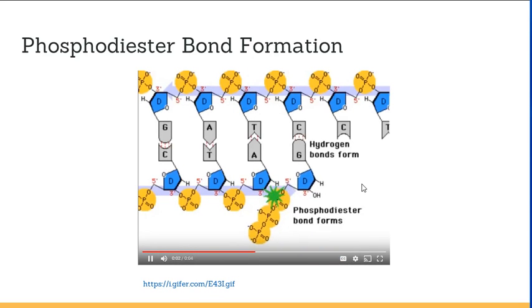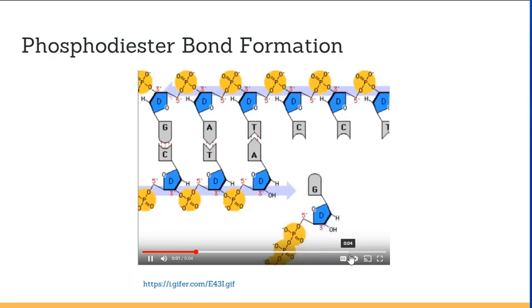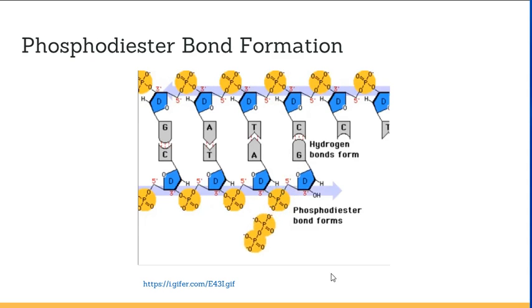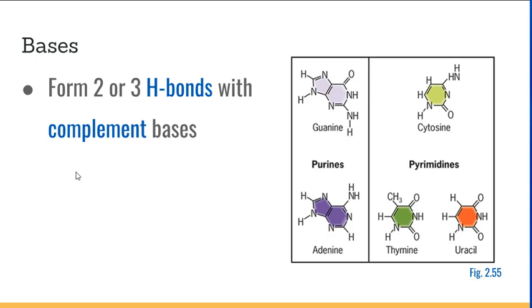This short animation illustrates the formation of a phosphodiester bond between an incorporated nucleotide and an incoming deoxynucleotide triphosphate. The bases will form either 2 or 3 hydrogen bonds with the complement base.